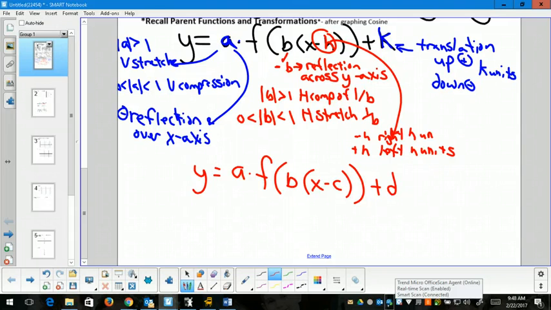Now there's something that you most likely didn't have to deal with in Algebra 2, but that we will have to deal with here. Are they always going to give me the function looking like that? No. More likely it's going to look like this.